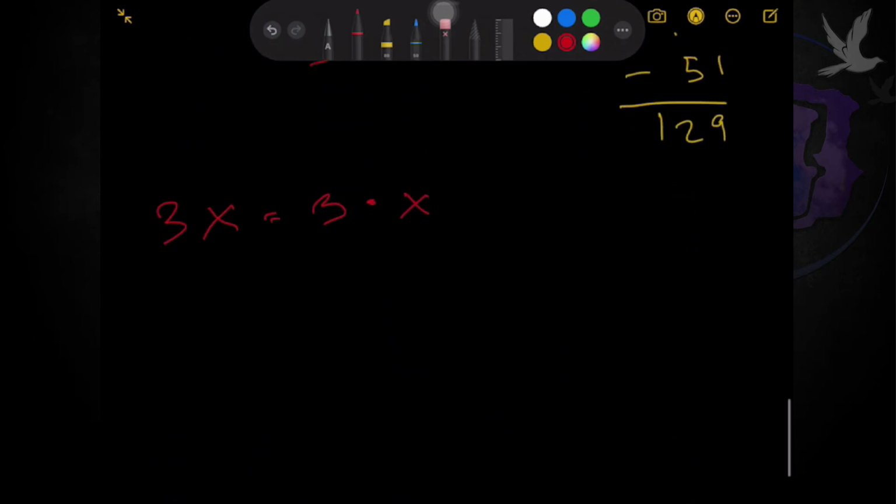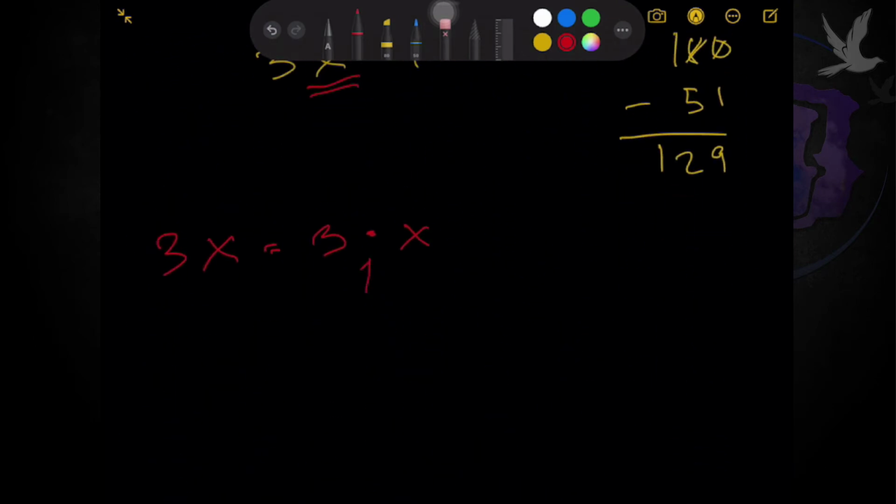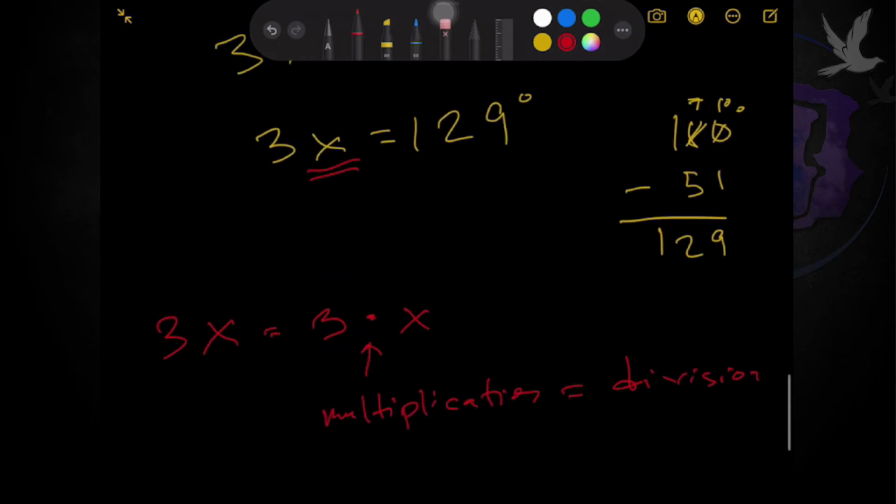So dito naman, since our operation is multiplication, what is the opposite of multiplication? Opposite of multiplication is division, which means in this side of the equation, like what I've said, meron tayong two sides of the equation separated by the equal sign. Okay.